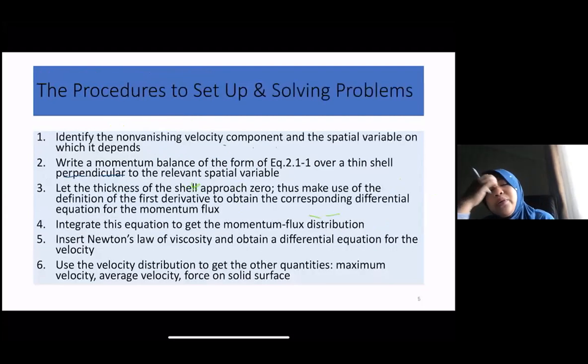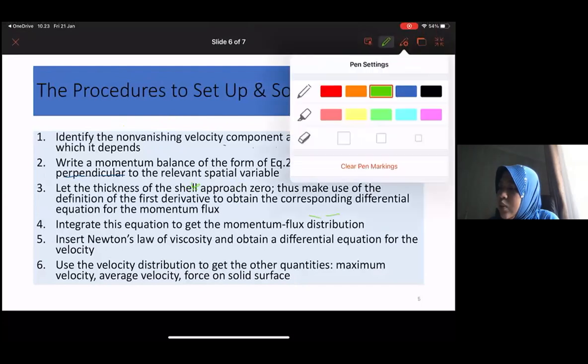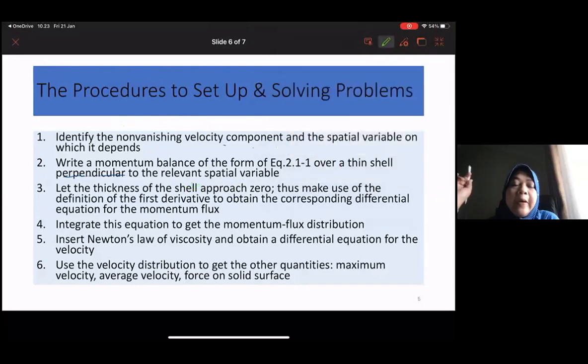Now, how to set up and solve: the procedure. The first very important thing is we have to consider the non-vanishing velocity component.